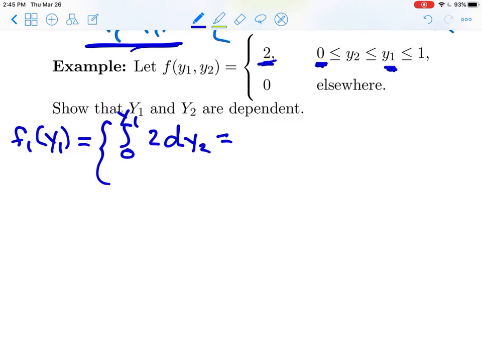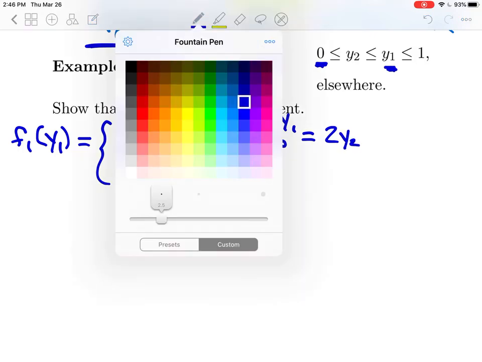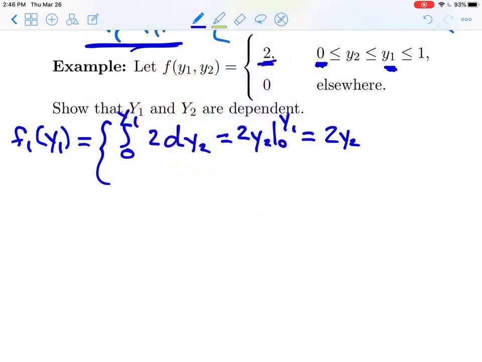When we do that, we end up getting 2y2, but we're going to evaluate that with values from 0 to y1. So we just get 2y2. For the other piece, we're just going to get 0. We'll be integrating 0. And so we get just 0 for everything else.